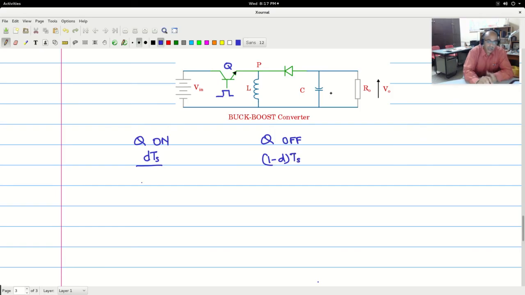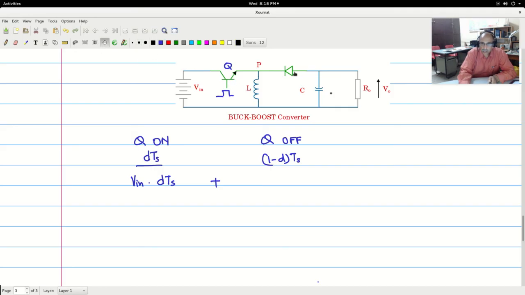So during the time period when Q is on, the voltage across the inductor is directly the battery voltage, the input voltage. So Vin occurs directly across the inductance. So at that time it is Vin into dTs plus.